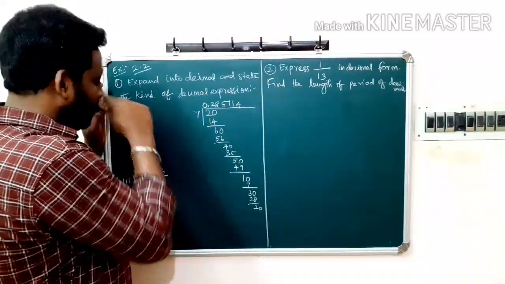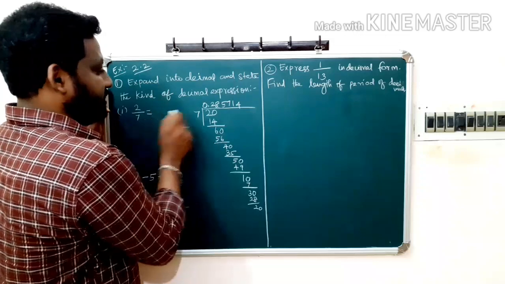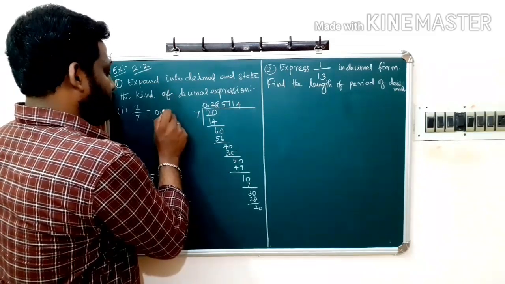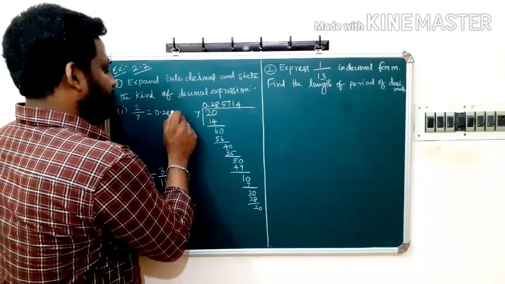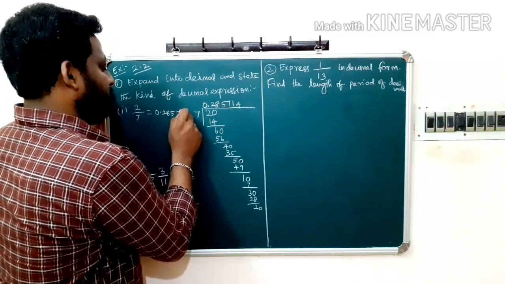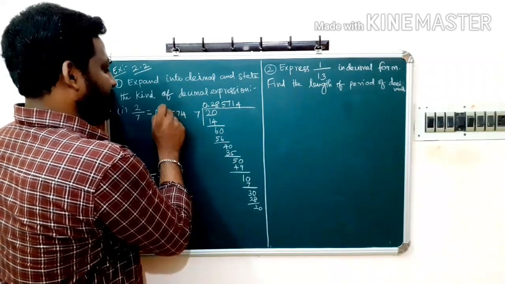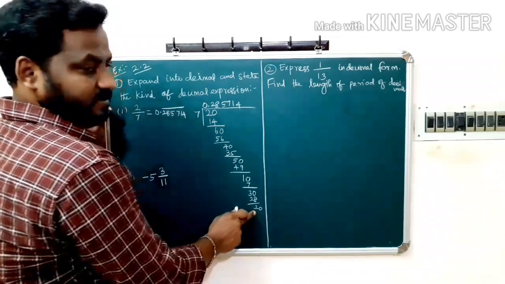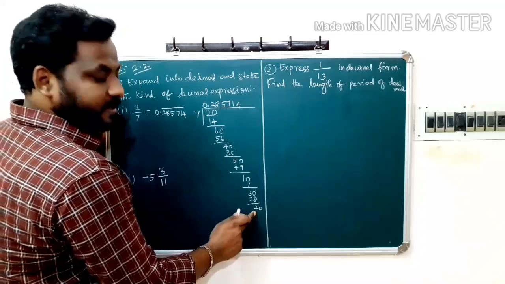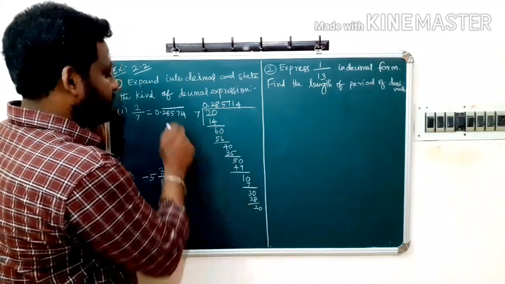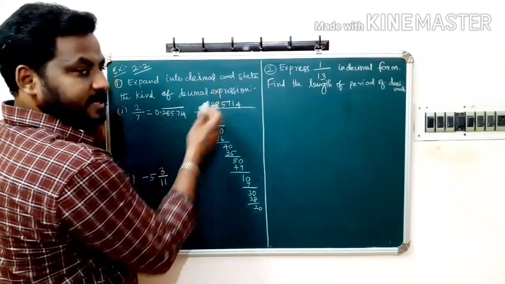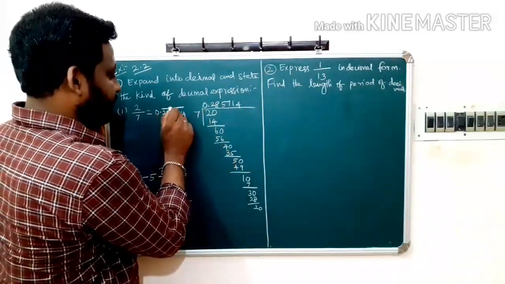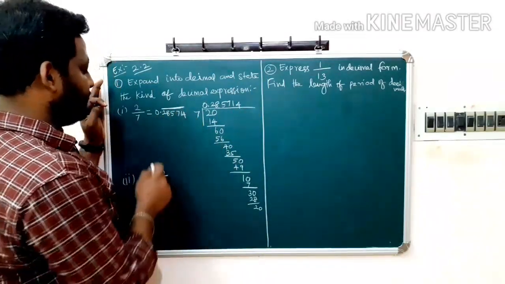So 2 by 7 is equal to 0.285714. The number is repeating, which means we did not get the remainder as 0. So the decimals keep repeating up to infinite. That's why we have to put the bar symbol.